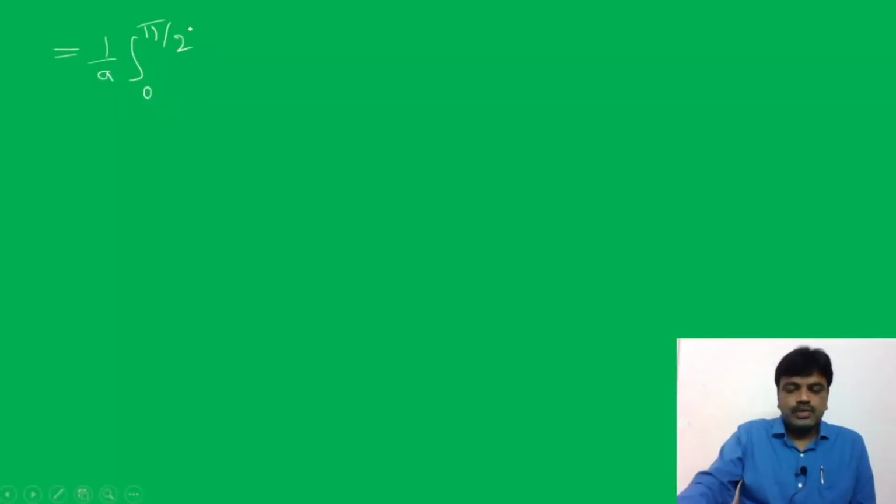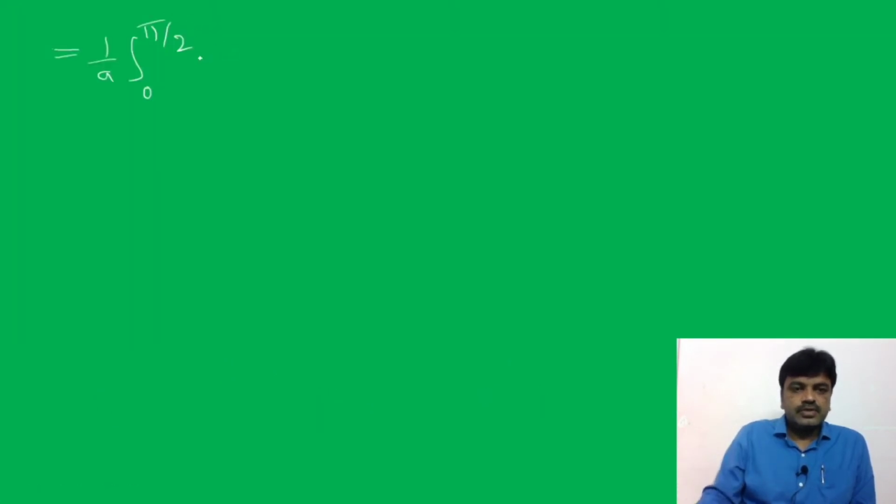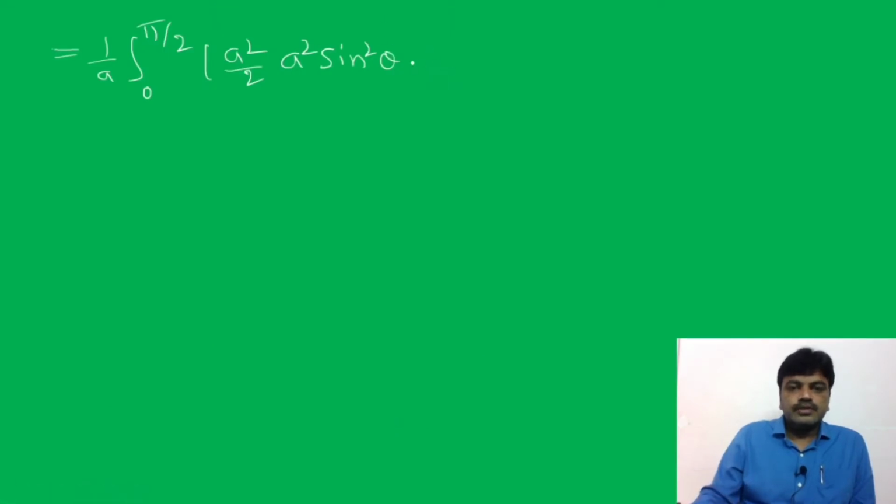So that is equal to 1 by a integral 0 to pi by 2, a square by 2 times r square, that is a square sin square theta, minus 1 by 4 a power 4 sin power 4 theta, d theta.